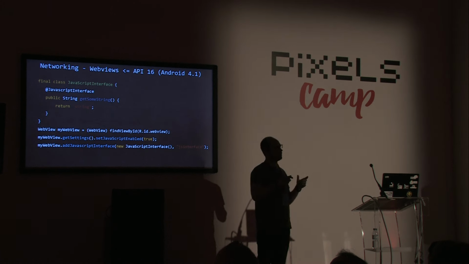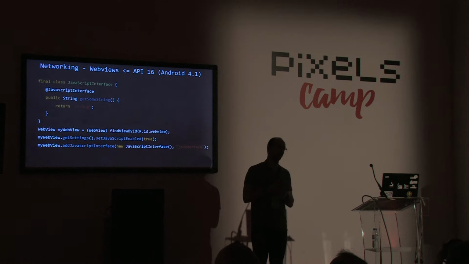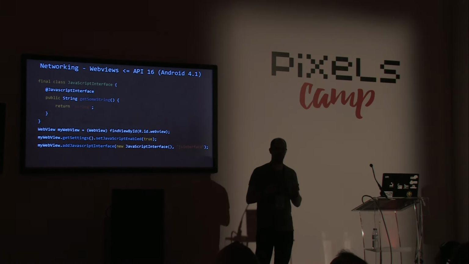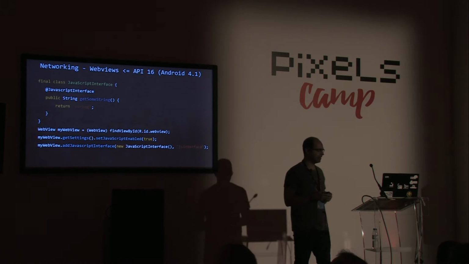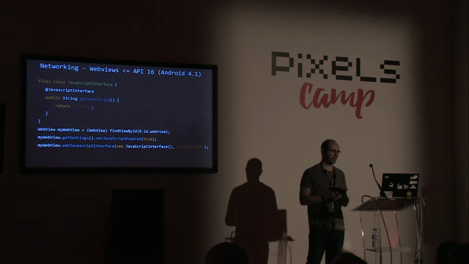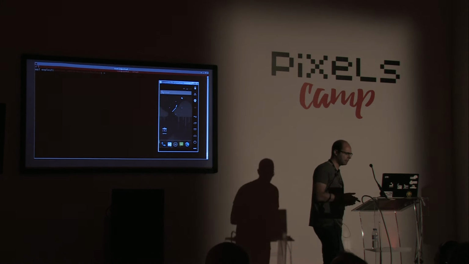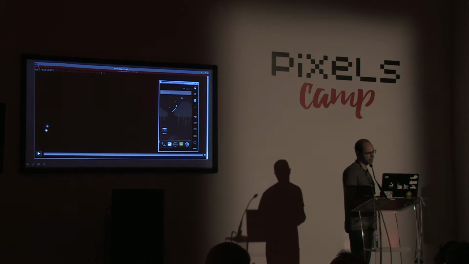So here we have several issues. You have a web view that does not validate certificates, the web view has JavaScript enabled, so you can run JavaScript, and it has a JavaScript interface connected to it. This has a funny impact in what an attacker can do. I'm going to show you a quick demo.